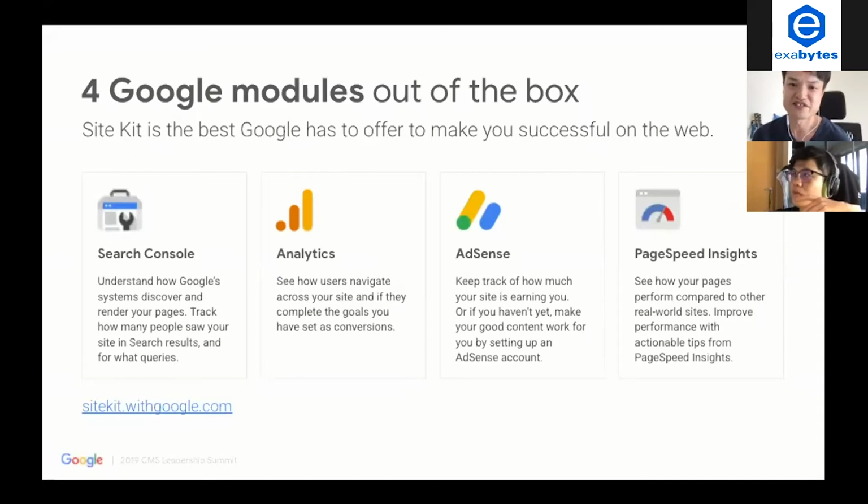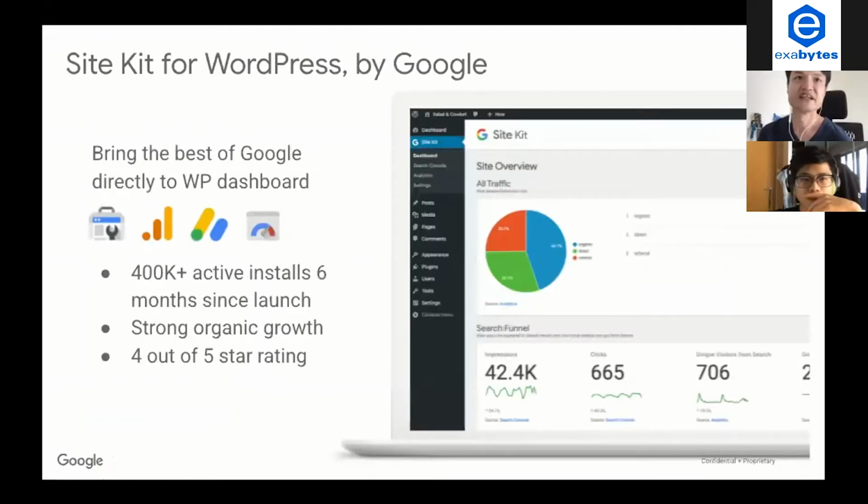And from AdSense, you can get the monetization data, and your site's performance from PageSpeed Insights. So the idea is that you can get a good summary of these key data from these four tools in one single page. Okay, let me do a quick little demo.